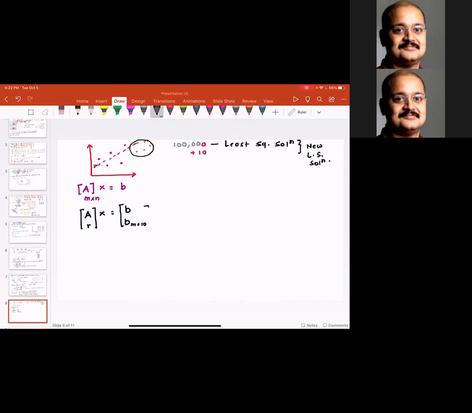So now, this was your initial system. And then what you did is maybe you did A transpose A X is equal to A transpose B. Then you did X is equal to inverse of A transpose A multiplied by A transpose B. And finally, you solve this equation, and now you are happy.